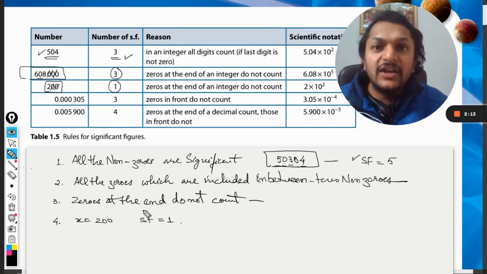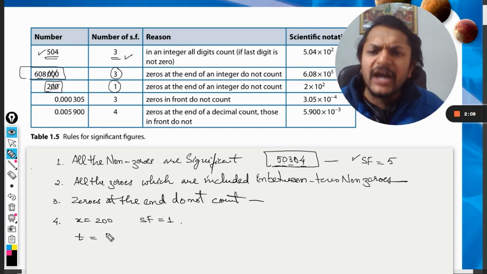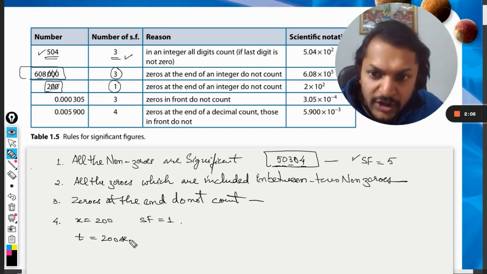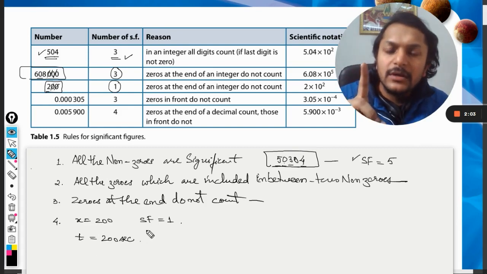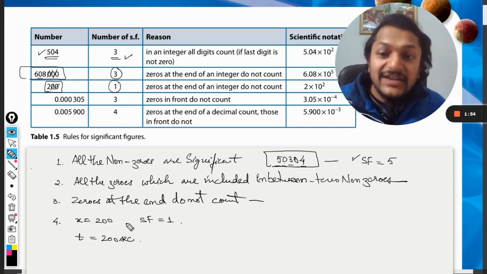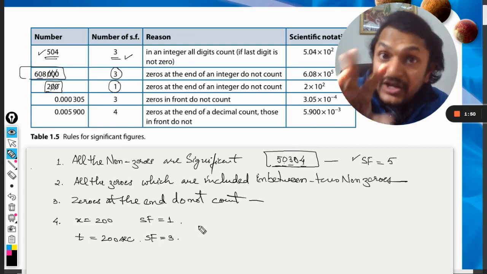But if we say that we have precisely calculated the thing, and if I ask you how much time the process will take, and you say that the process is taking 200 seconds, now in 200 these zeros are significant because we know that it has to be 200. So these zeros become significant at that moment. So the significant figures here become 3.